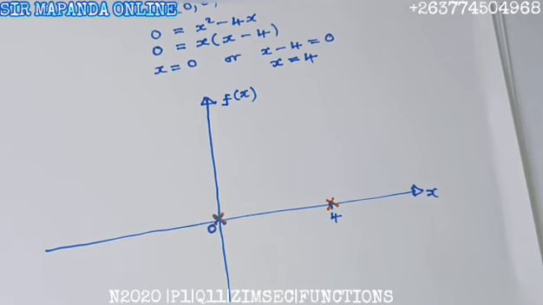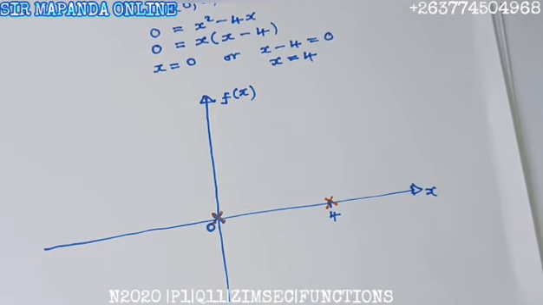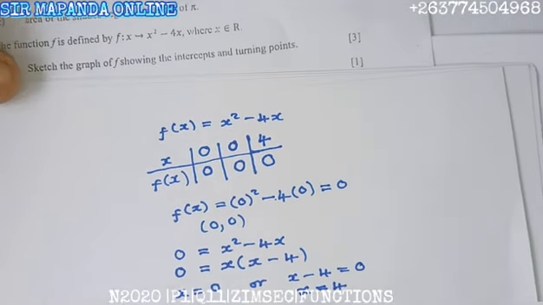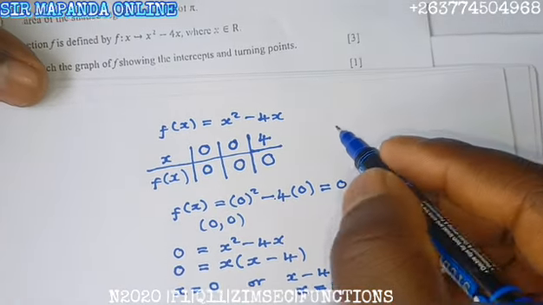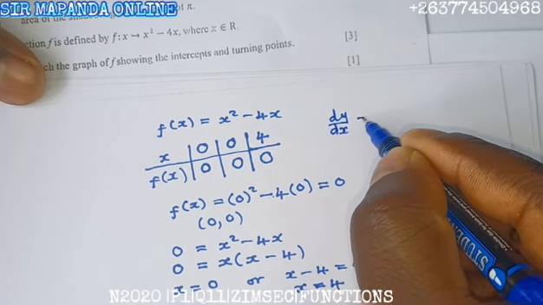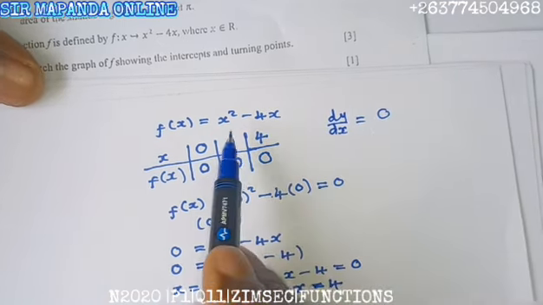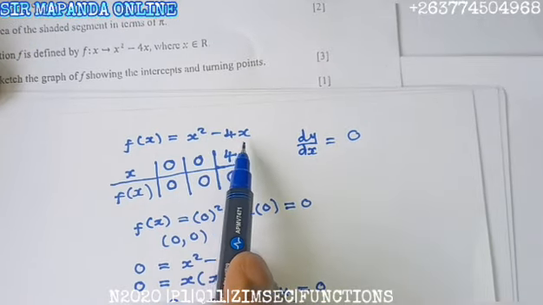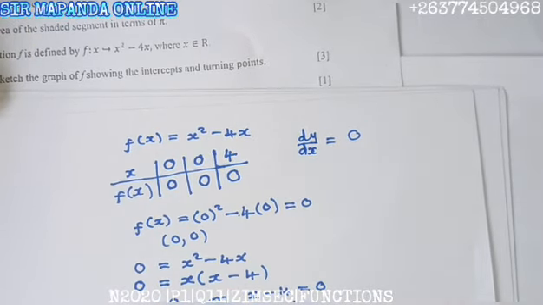Right, we now need to find the turning points of the graph. So turning points are found in 2 ways. It's either you say at the turning point, dy dx is equals to 0. So you find the derivative of x squared minus 4x, then you equate it to 0.